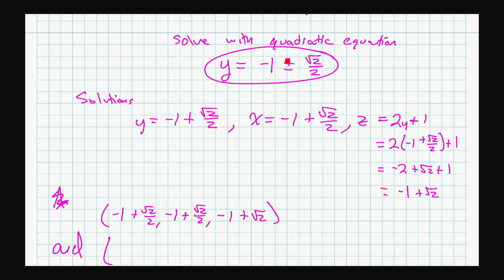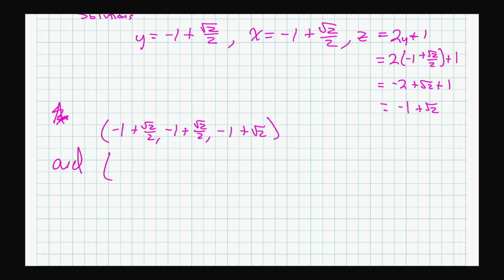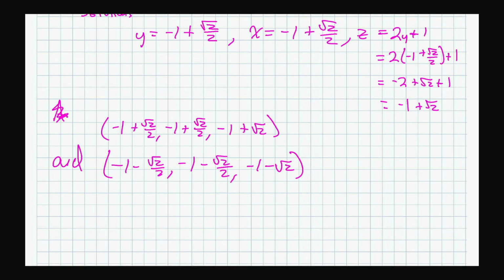Because this is a plus or minus here. -1 minus root 2 over 2. The y value is the same. And then if you do that, I'm just going to tell you the answer. It would be -1 minus root 2. Okay, terrible.